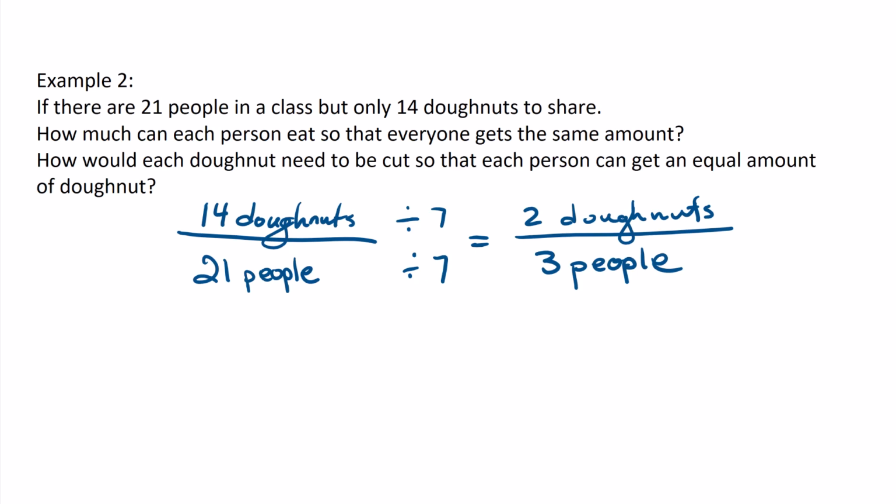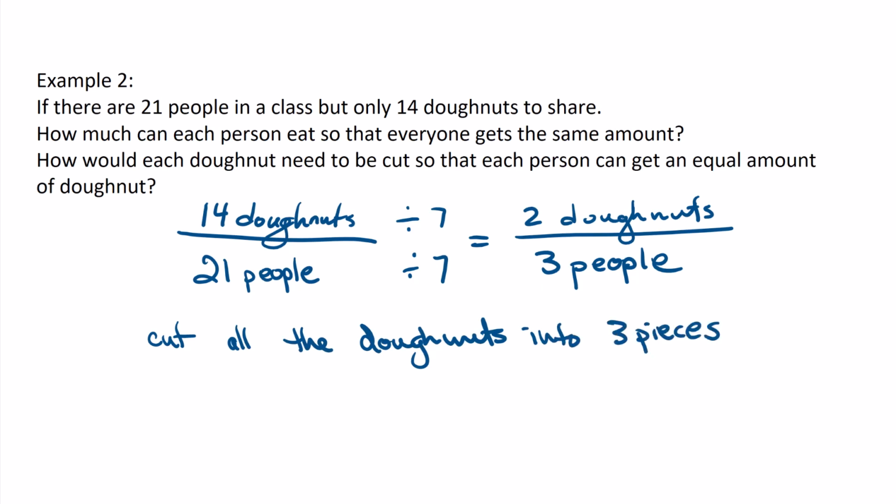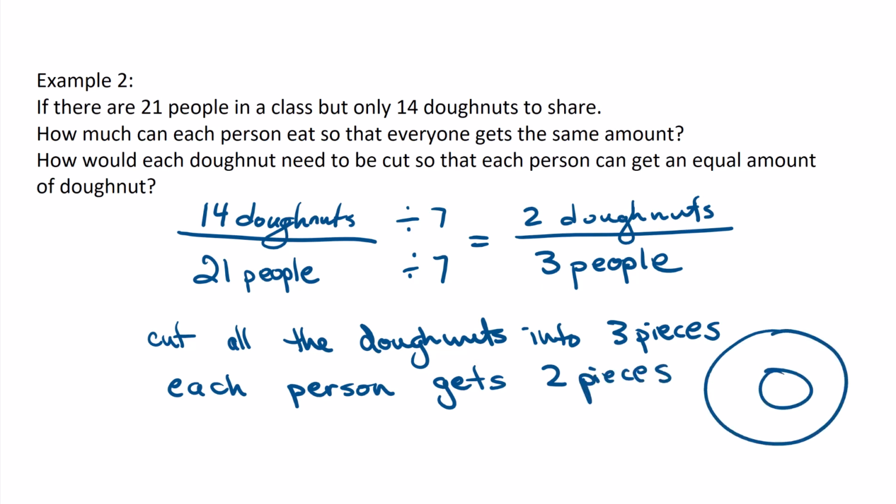Well, we could break those 2 donuts into 3 parts, or we could just say cut all the donuts into 3 pieces, and each person gets 2 pieces. So cut the donut into thirds, and you get 2 pieces each. This is how you would calculate and reduce a fraction and put it into words.